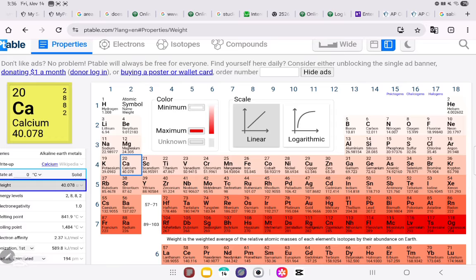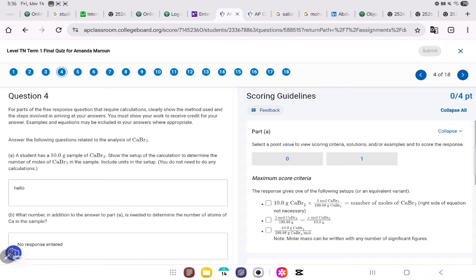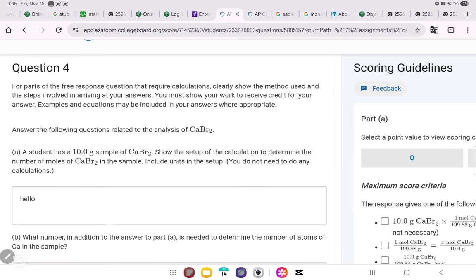So I'm going to go back to my AP classroom. They took Ca as 40, and they took Br as 79.904 times 2. I'm trying to figure out how they got 199.88.